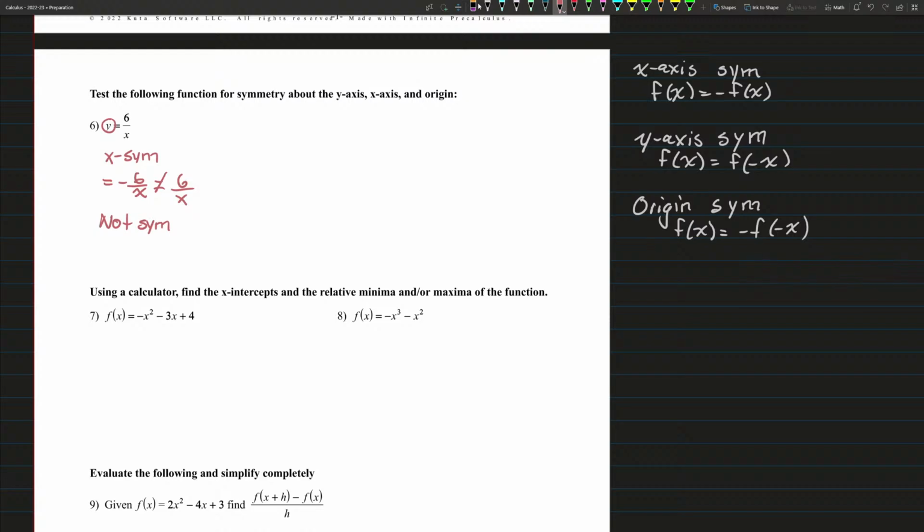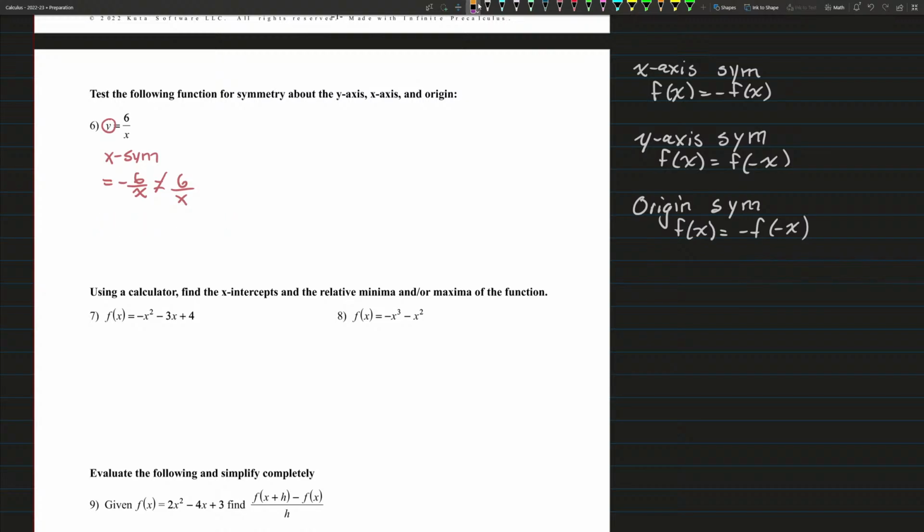Usually you're only going to get x symmetry if you have some kind of, no, not x squared, ignore that. It's more like a square root kind of a thing. But yeah, I hope that makes sense.